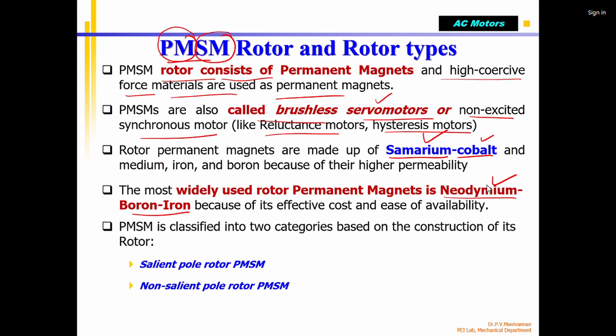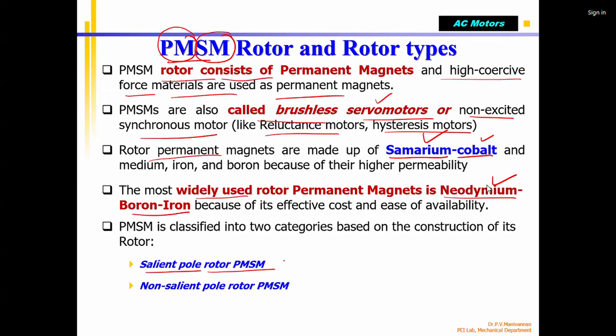The rotor permanent magnets are made of samarium cobalt, or nowadays what is getting popular is a neodymium plus boron iron composition. It is an alloy that they are using. Then, depending on the shape of the rotor, one is called a salient pole rotor, used in PMSM, the permanent magnet synchronous motor.